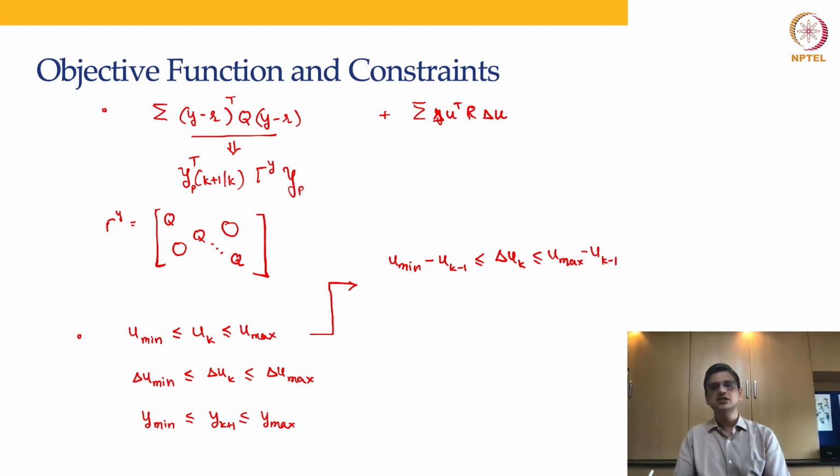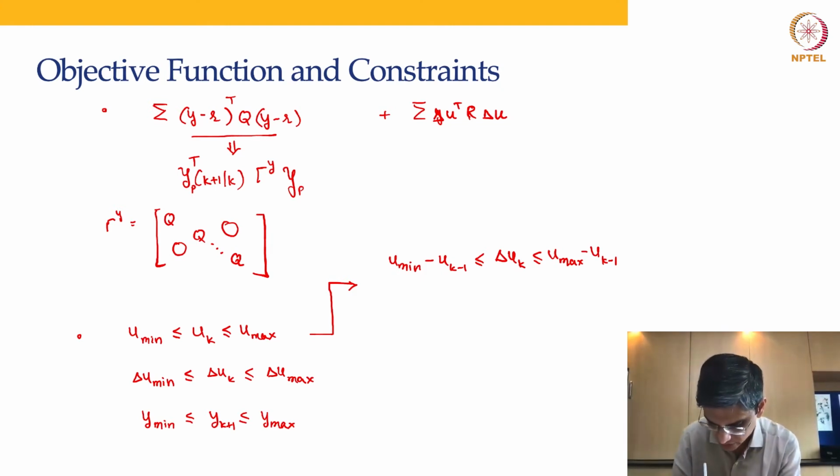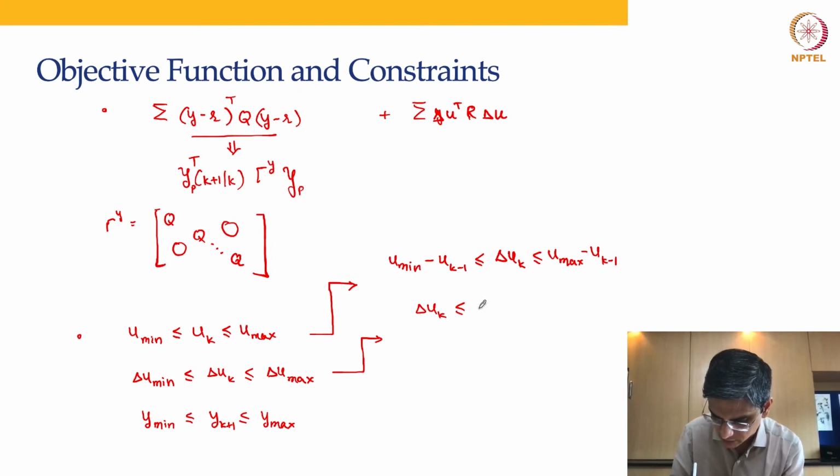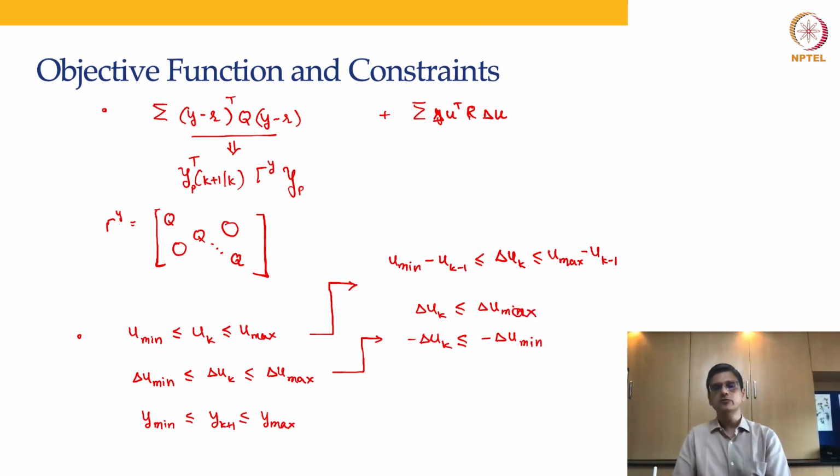Okay, we have done this before, and then we can write the first part as negative delta u_k is less than or equal to negative of u min minus u_{k-1}, and we have done that in week number 5 of this course. We will write this as two parts: delta u_k less than or equal to delta u max, okay, and minus delta u_k less than or equal to minus delta u min. Okay, this is how we will write this.